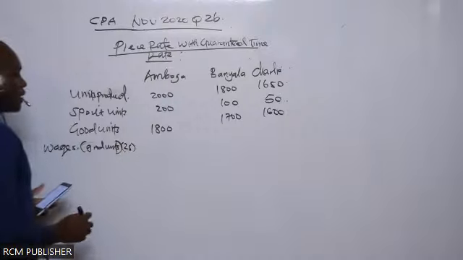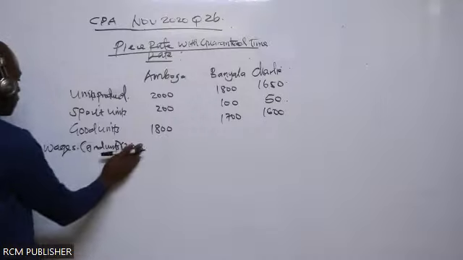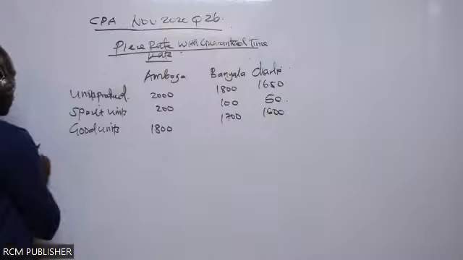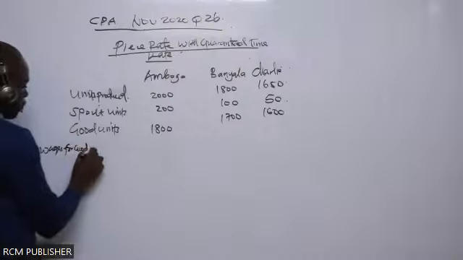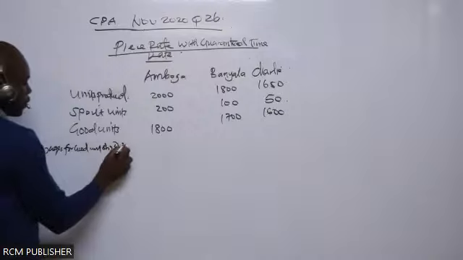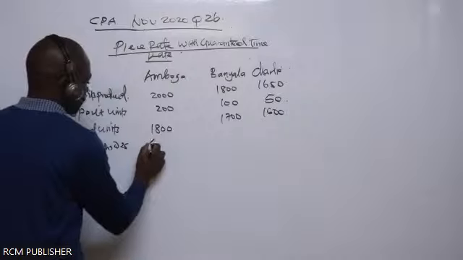So can someone give us the amount they are going to receive? Good units in shillings, and each at 25 shillings. So what are we going to have? 45,000.